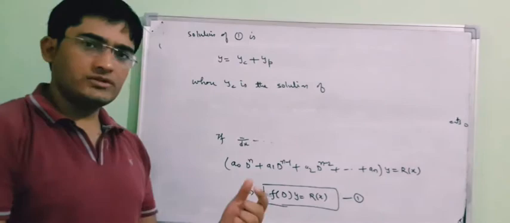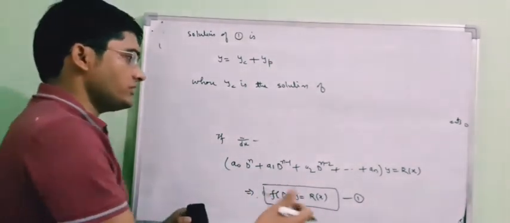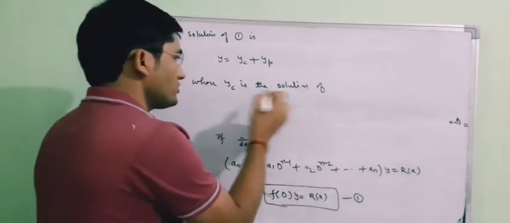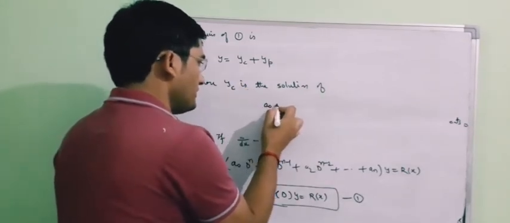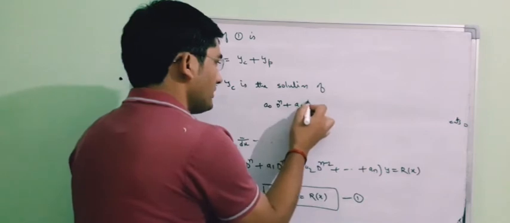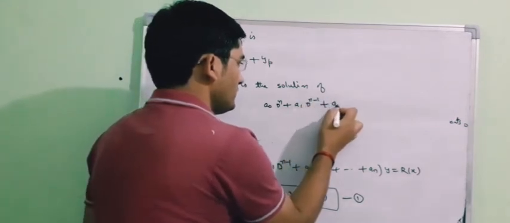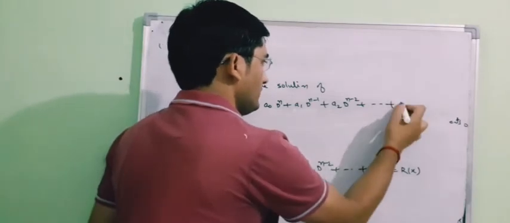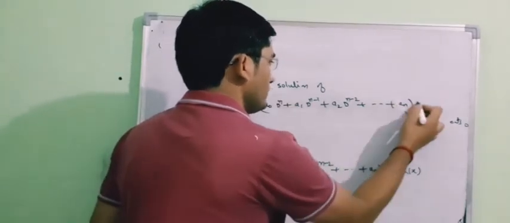Such a differential equation is known as a homogeneous differential equation. So yc is the solution of a0 D^n plus a1 D^(n-1) plus a2 D^(n-2) plus ... plus an of y equal to 0.